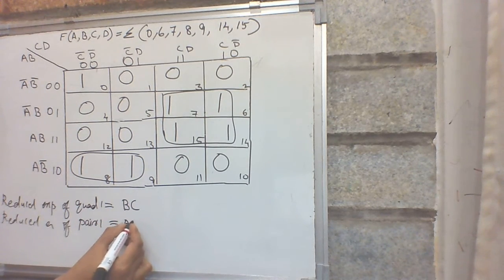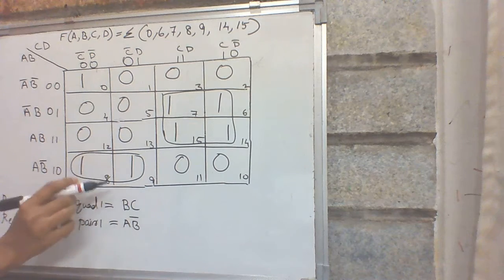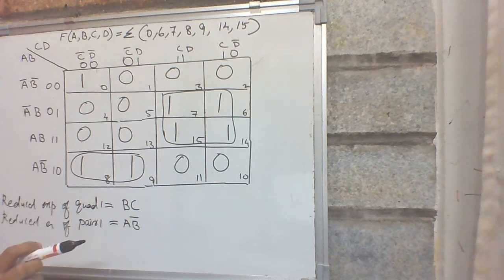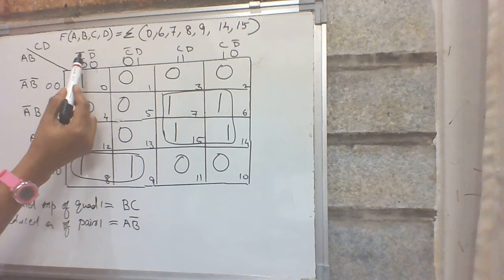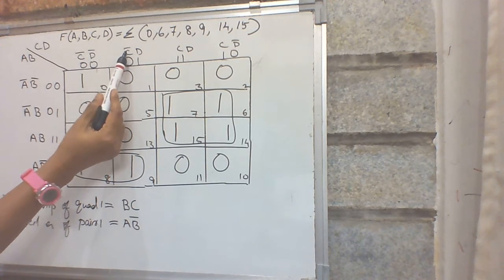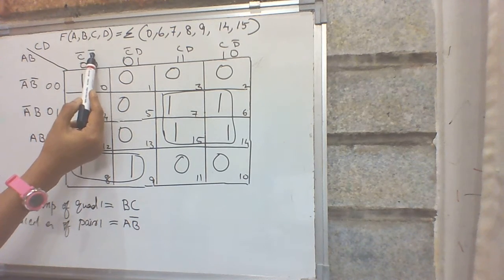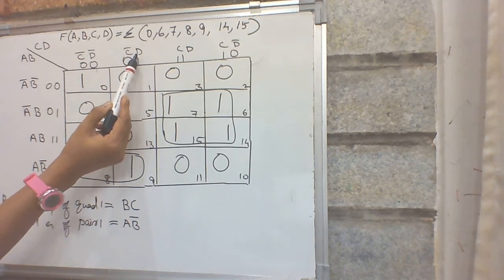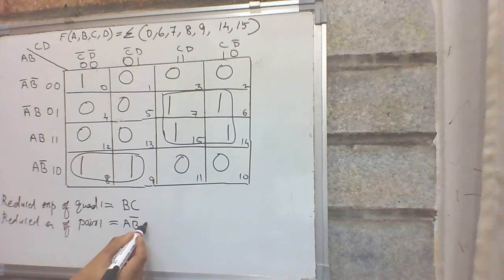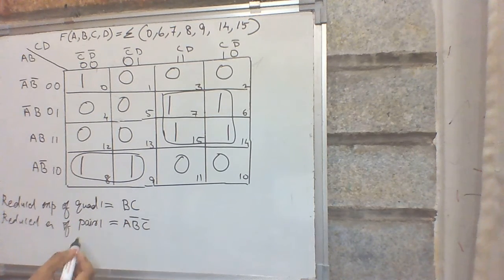Write that A B bar. Then check the top side. What is in the top side? C bar D bar and C bar D. Which variable is changing? D bar is changing to D. The remaining thing C bar. So the reduced expression of pair 1 is equal to A B bar C bar.